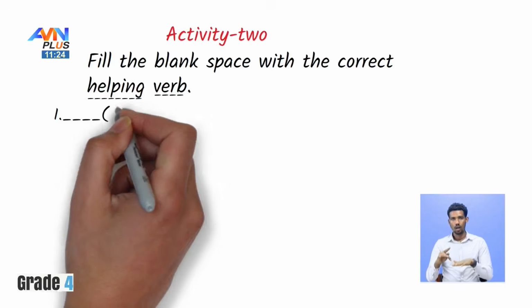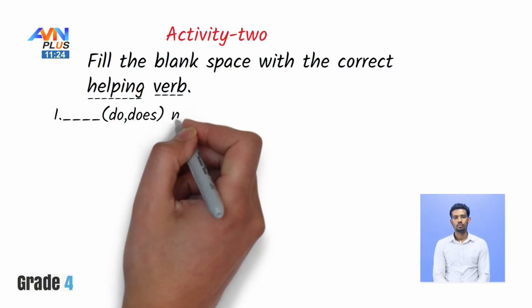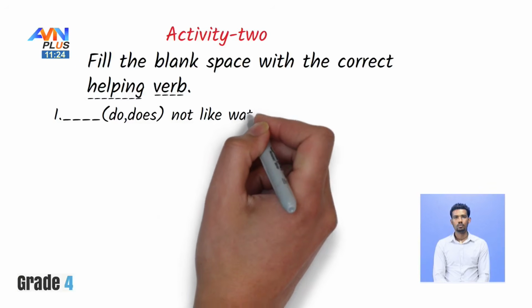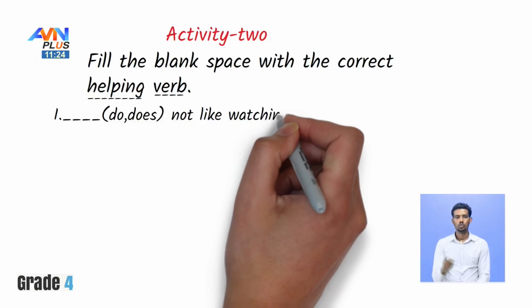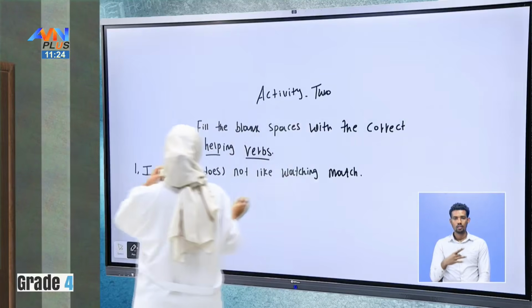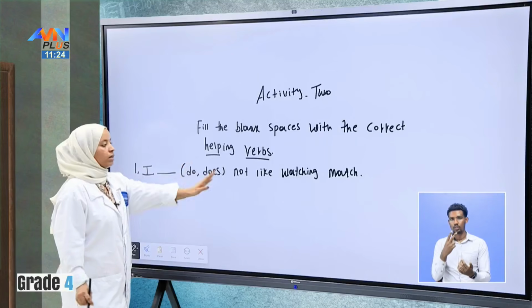I blank, here is do or does not like watching match. You can use maybe do or the correct one if it is does. 2.